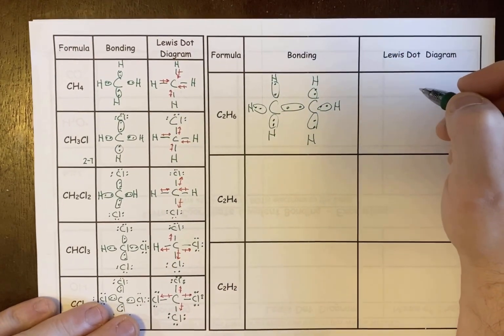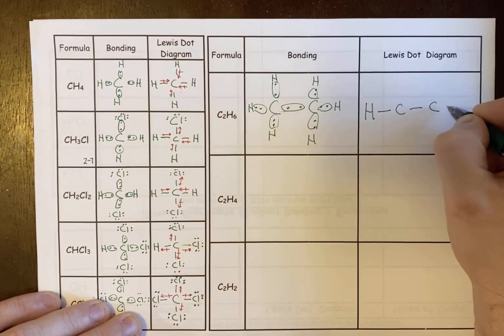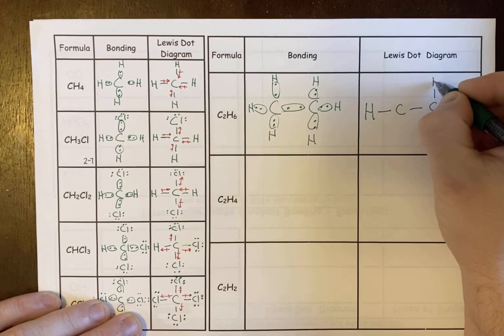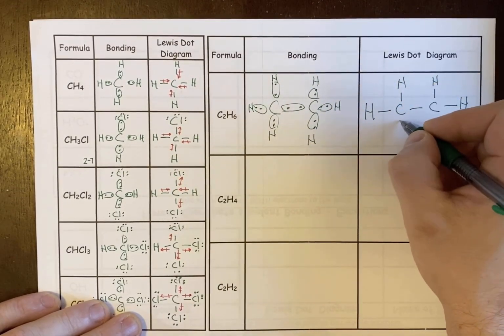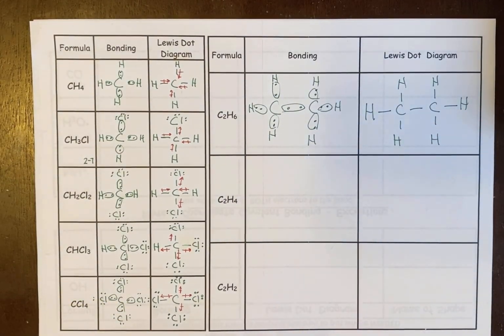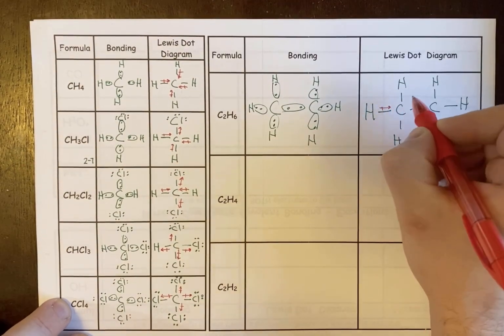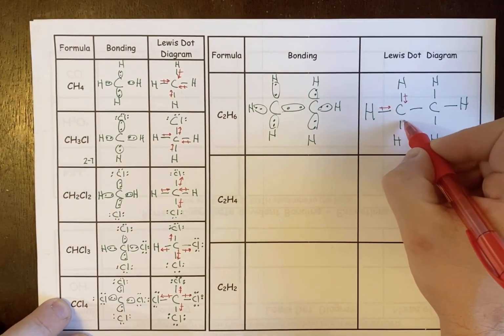And when we draw our actual Lewis dot diagram, everything's going to be in a line. Or all the circled electrons basically are in lines now. And there's no lone pairs because they're all bonded. Polarity arrows, they're all going to point towards carbon.